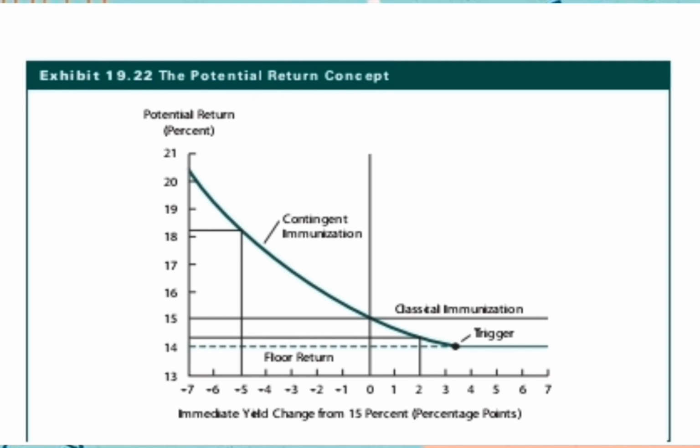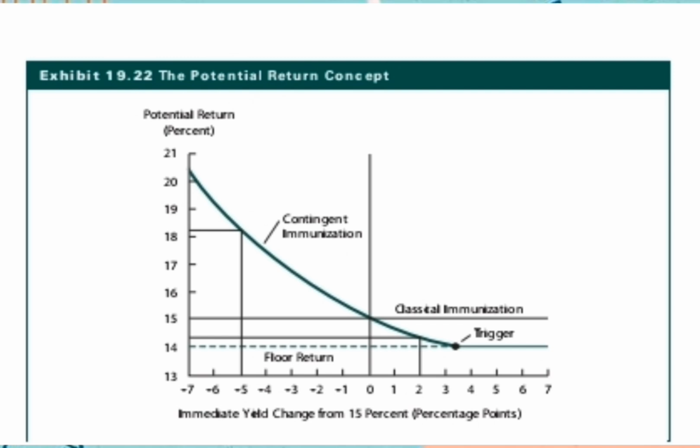Exhibit 19.22 illustrates the potential return concept in contingent immunization. The graph plots potential return percent against the immediate yield change from 15 percentage points. The curve shows that as the yield changes from 15%, potential return varies. If yields fall significantly, the potential return is higher than 14%, reflecting the benefits of active management.